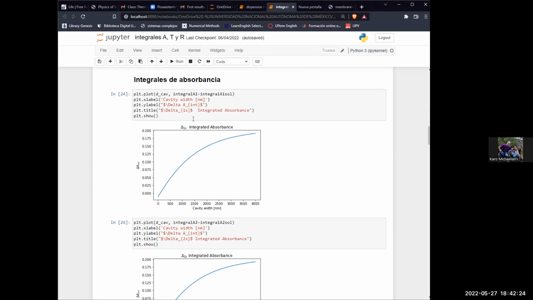Okay, and this is the integration from 220 to 280, yeah. This is the difference of that integration for both models.